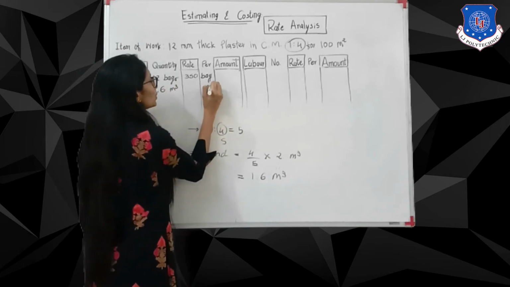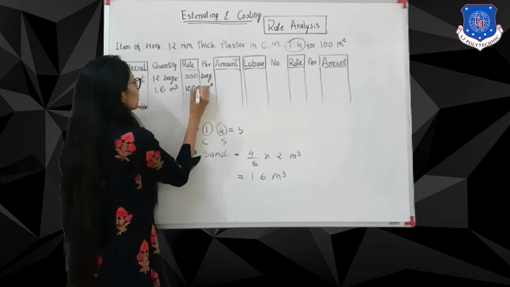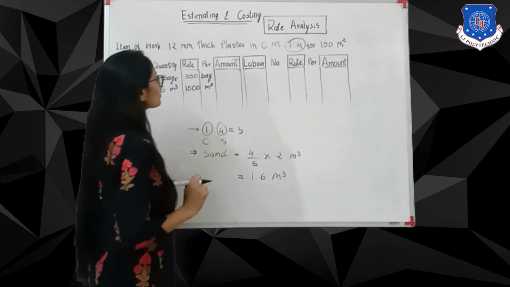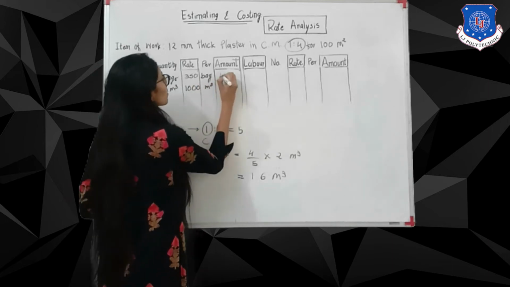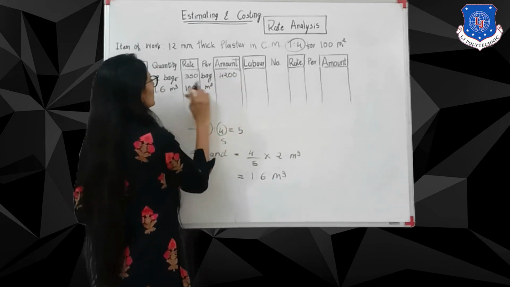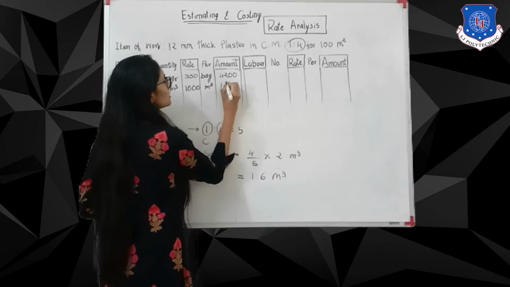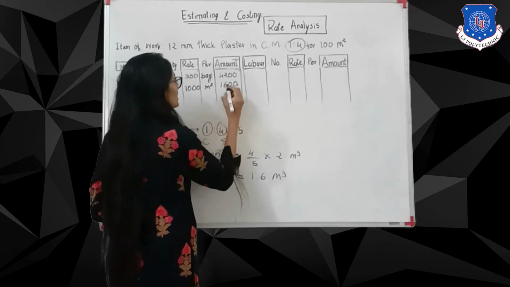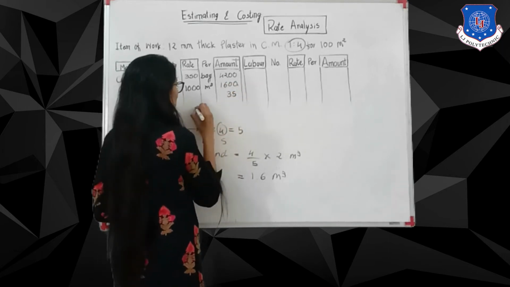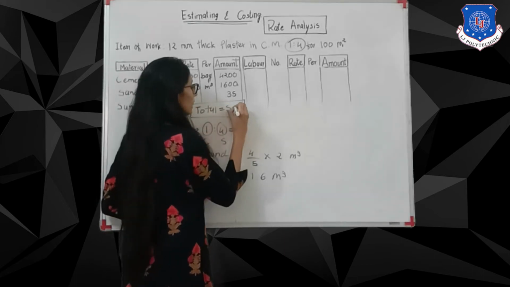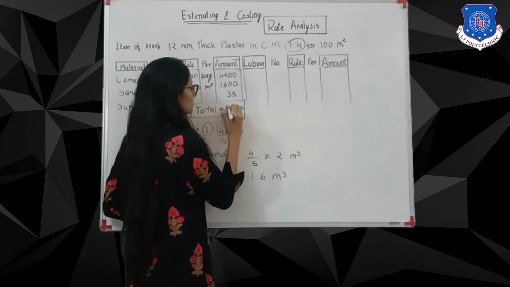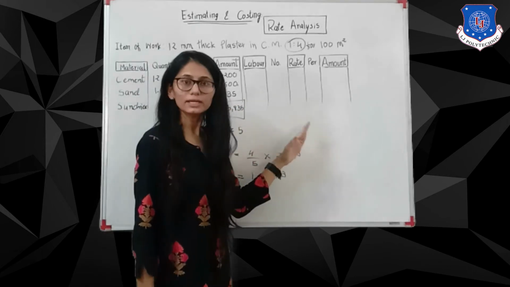Per meter cube we are paying 1000 rupees for sand. Now let's find the final amount of materials. Cement is 4200 rupees. The sand is 1600 rupees. Sundries we are taking 35 rupees. Now the total cost of material is 5835 rupees.